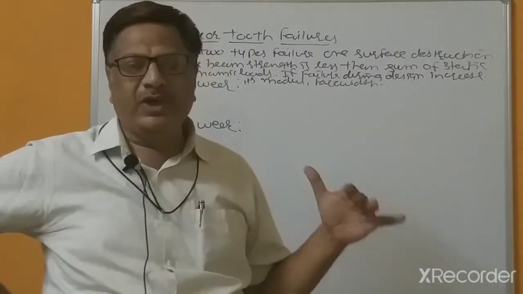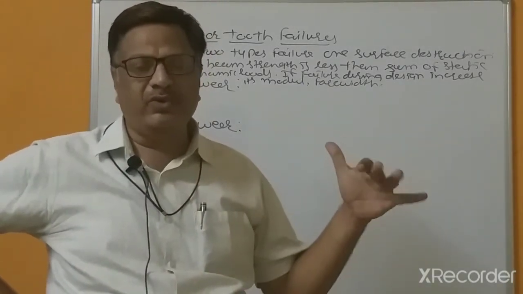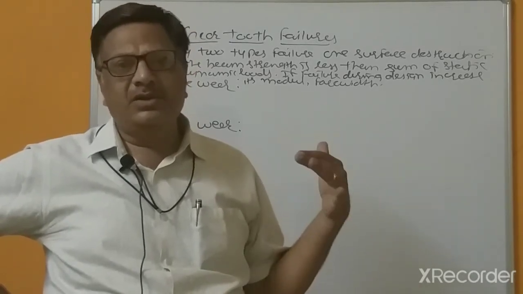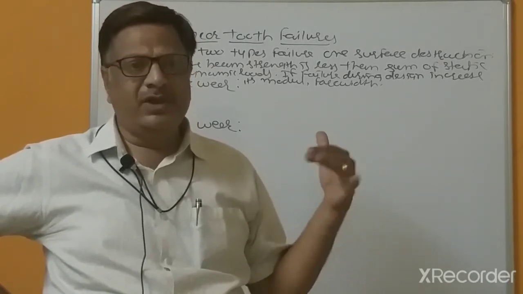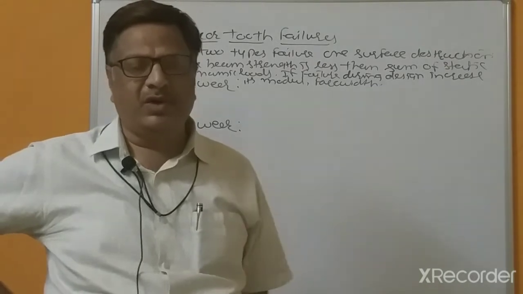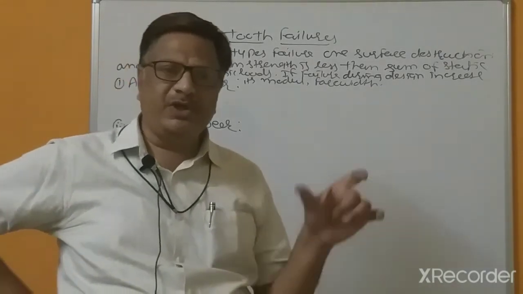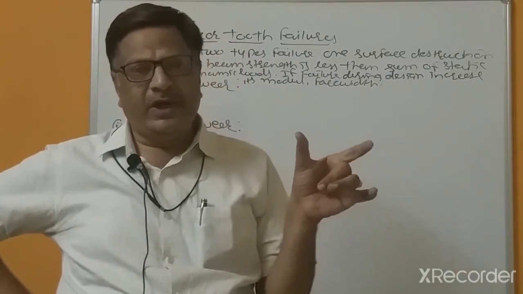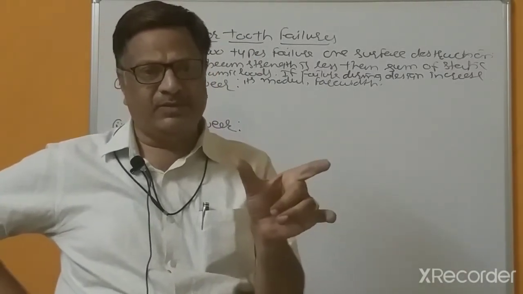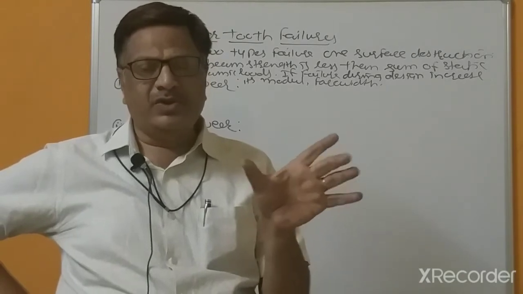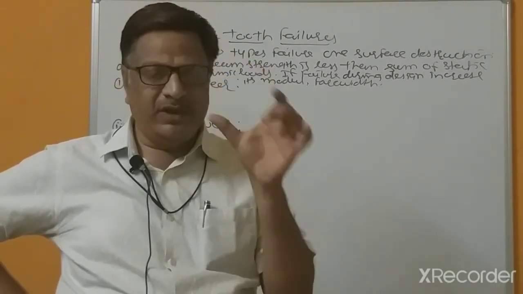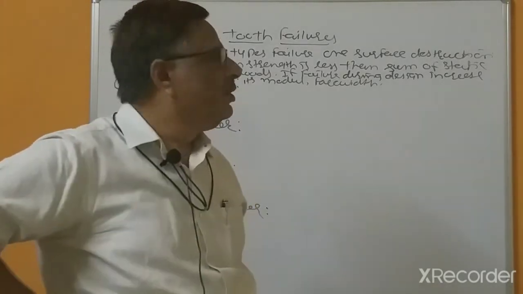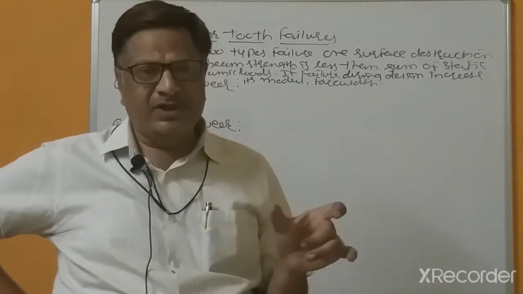To avoid that, you can increase the module or increase the face width. But there are limitations to increasing the module and the face width, because face width is limited to 8 m to 12 m. Generally, during design we consider face width as 10 times the module.